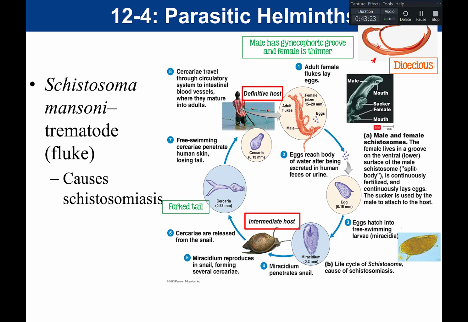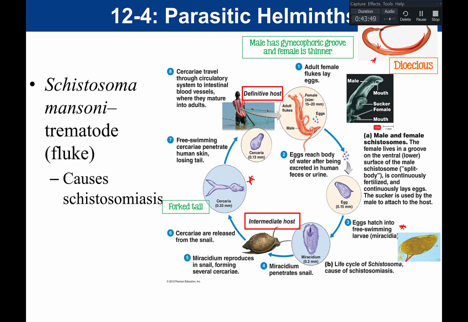You need to know the egg stage. And the egg stage has what looks like a surfboard fin. So it has this little fin down here. That's the defining feature of Schistosoma eggs. And you need to know the cercaria. The cercaria has a forked tail. It reminds me of a mermaid's fin. So think of the egg and the cercaria.